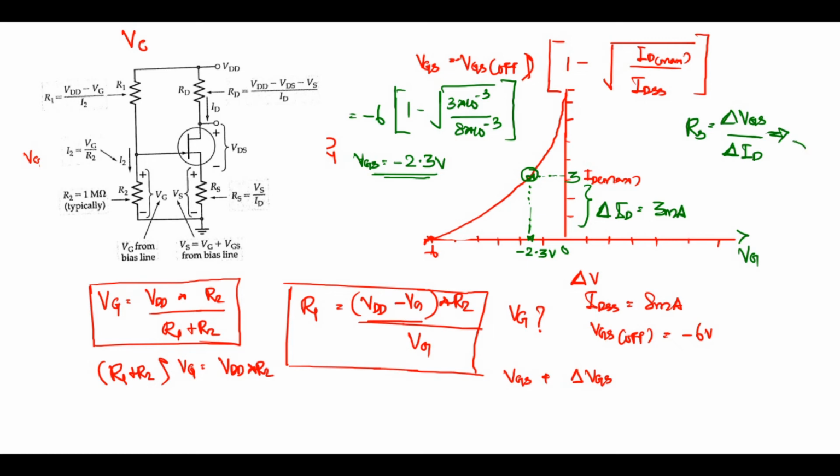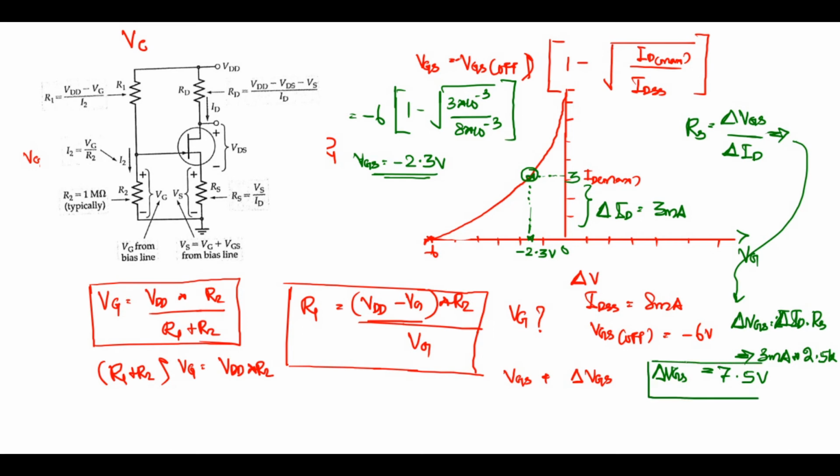Del VGS is equal to del ID into Rs, and you will get a value of 3 milliamps multiplied by 2.5 kilo, that is equal to 7.5 volt. So del VGS is equal to 7.5 volt.